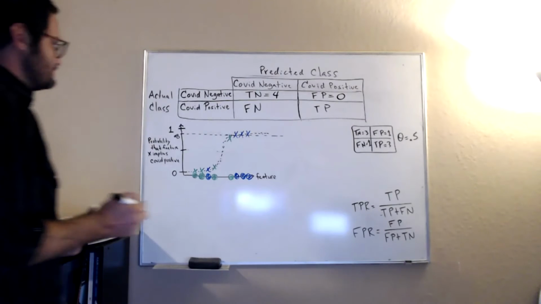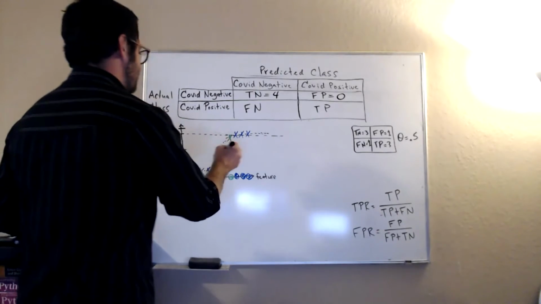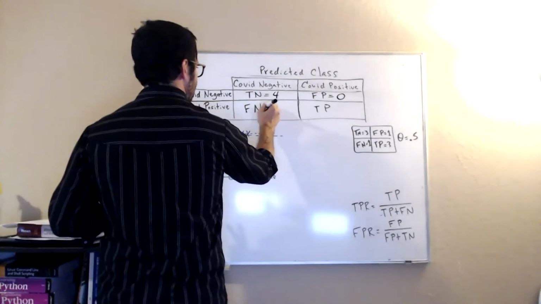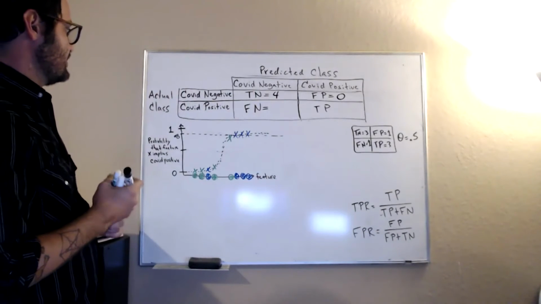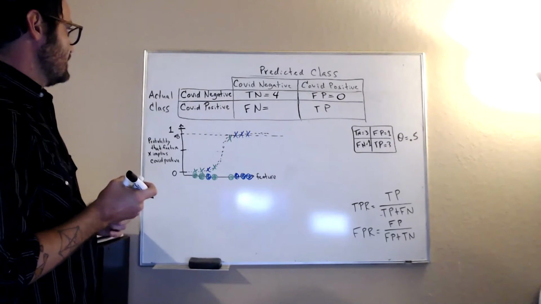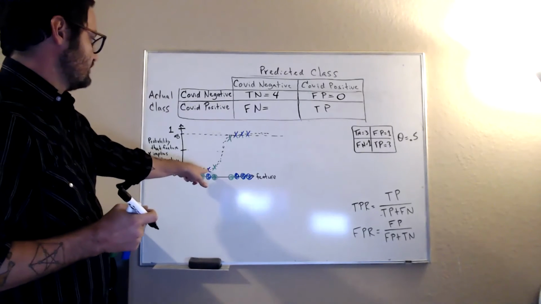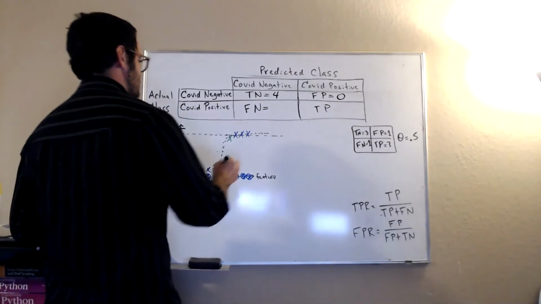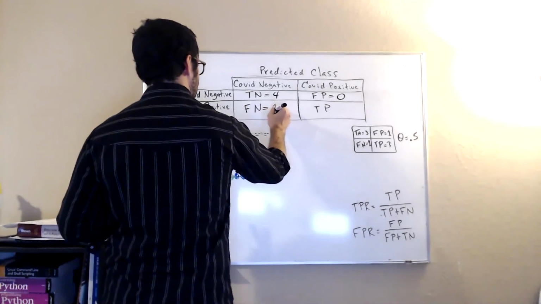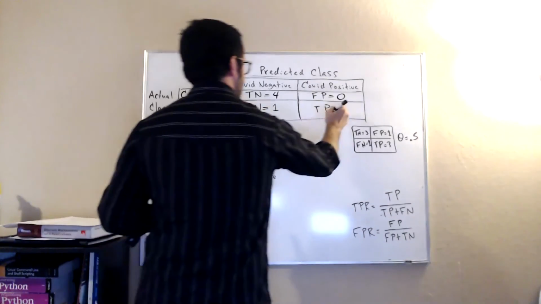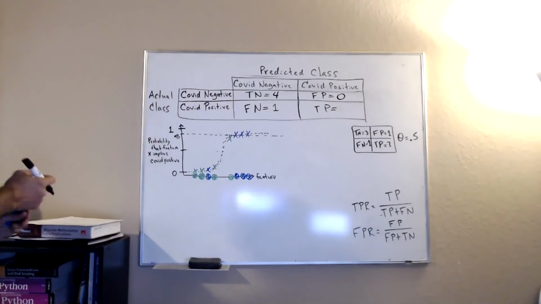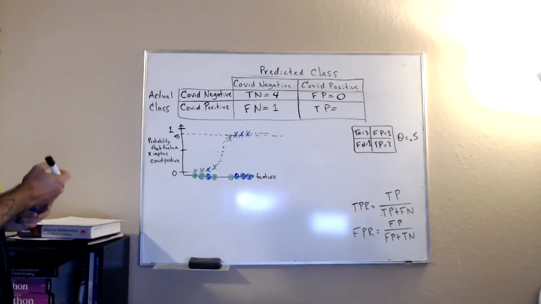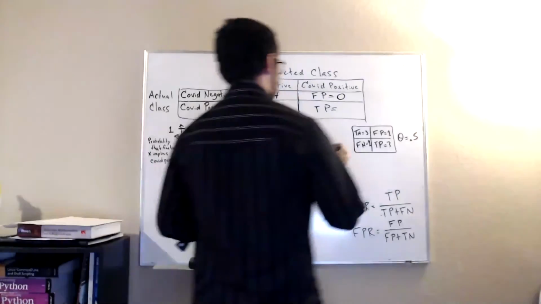How many false negatives? How many did we predict to be negative that are indeed positive? Here's that one right there. And how many do we predict to be positive that are indeed positive? 3.